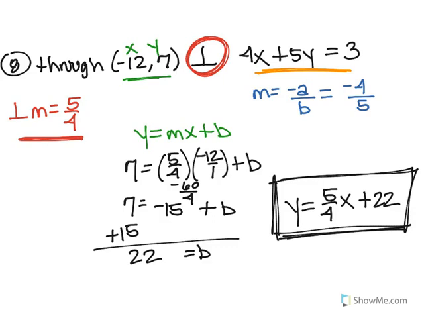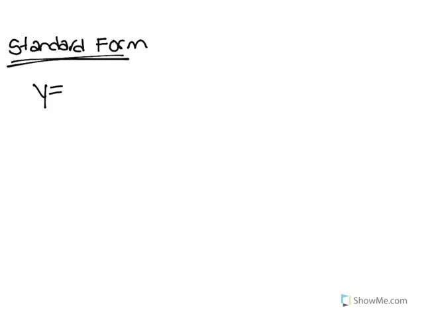Now, because this one is a fraction, I just want to show again doing standard form because the one I showed on number 6 did not have a fraction. So let's take y equals 5 over 4x plus 22, and let's put it in standard form.